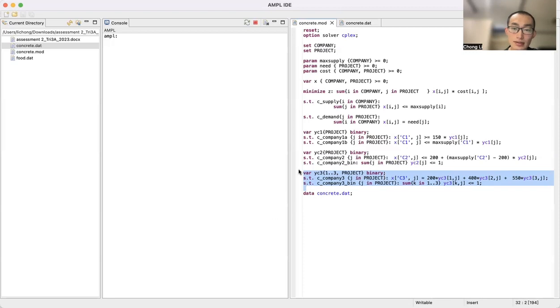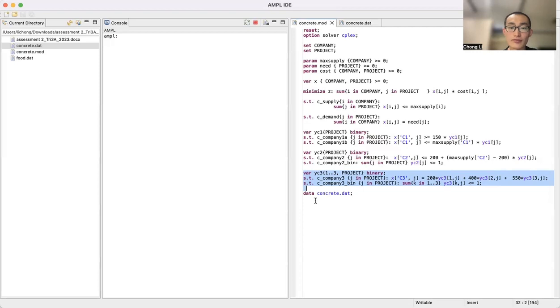In the second line, you can see the sum over K of YC3GK is smaller than 1.